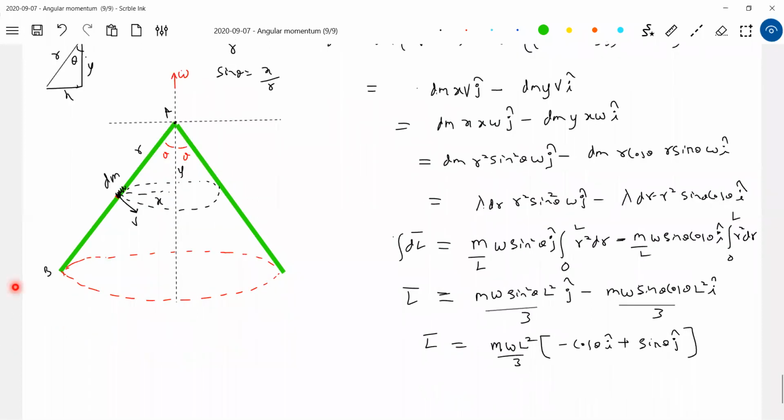You take the magnitude. How much will the magnitude be? Sin theta will also be there; sin theta we took outside. Now look at this, cos theta I cap.